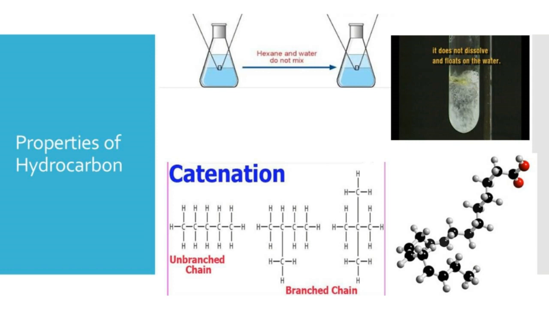Hydrocarbons can be gases, for example methane and propane, liquids, for example hexane and benzene, and waxes, that is paraffin. Hydrocarbons are capable of making bonds with one another. This property is known as catenation, that is chain formation. Due to this property, they form a large number of complex molecules.